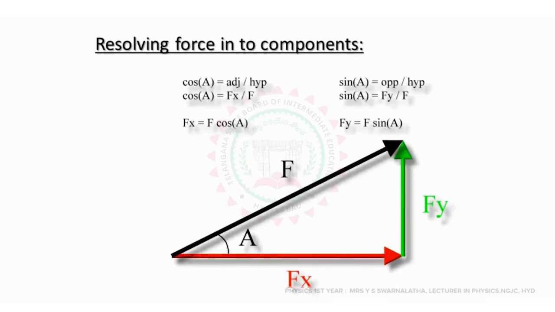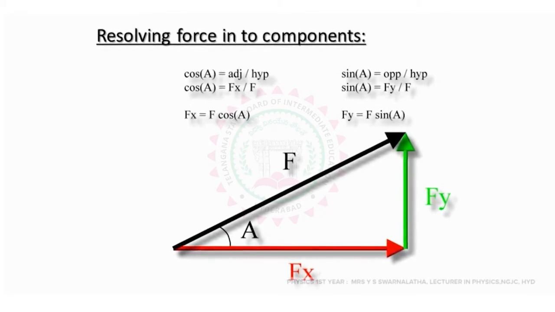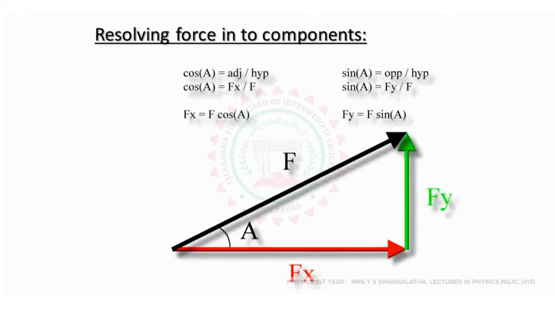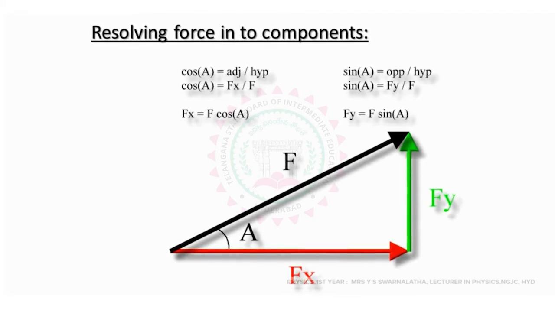Let us see how to resolve a vector into 2 components. So we'll think that fx is horizontal component and fy is vertical component. And here angle is capital A. According to trigonometry, in a right angle triangle, cos theta will be adjacent side to theta by hypotenuse side and sin theta will be opposite side to theta by hypotenuse.